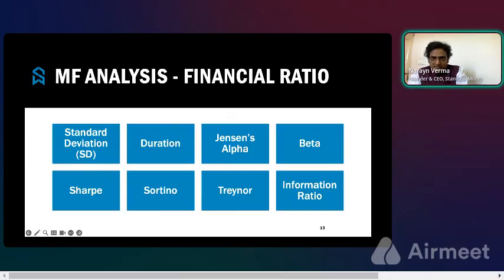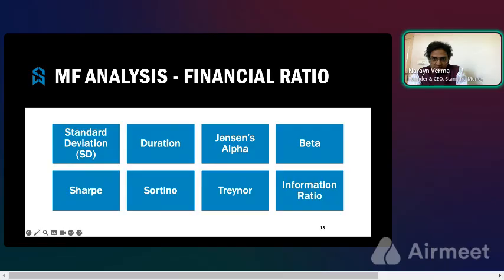You also look at the risk that you took. So if one fund is more risky but giving the same return as the other fund, which has a less risky portfolio, there is something wrong with it. And obviously, the less risky portfolio is better because it offers you more confidence that you will achieve that kind of return in the future also.